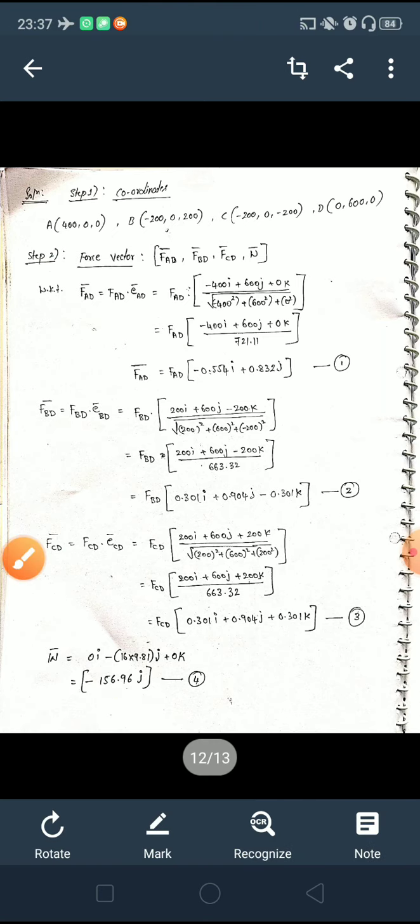Correct? So you can see and check here 0.832 FAD plus 0.904 FBD plus 0.904 FCD and -156.96 is equal to 0.